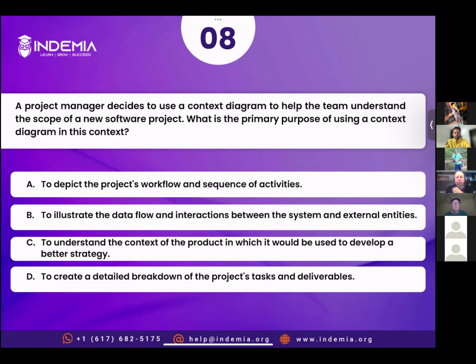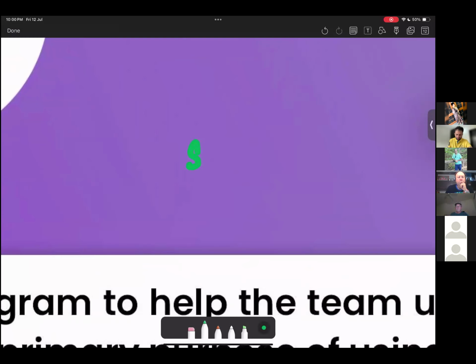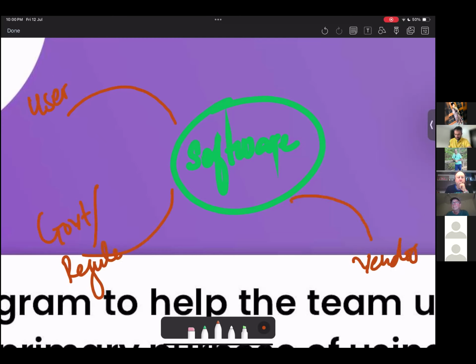We use a context diagram in scope definition or the requirement collection process. When we collect requirements about the product, we develop a context diagram and we place the product in the middle, whatever product you would be developing. Let's suppose a piece of software you are developing. We keep it in the middle and we see who would be interacting with the system. For example, user, government or regulations, vendor, customer.